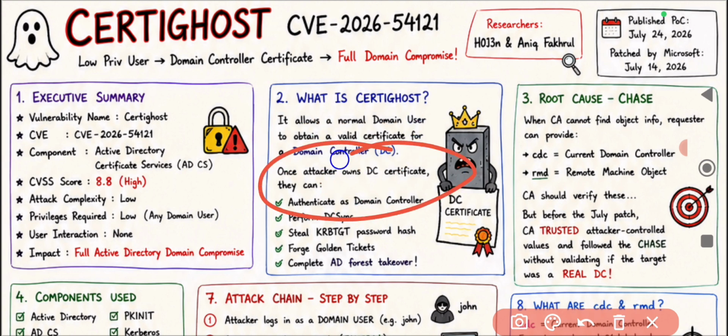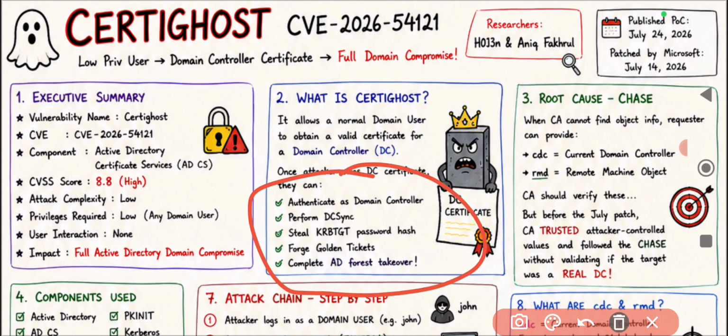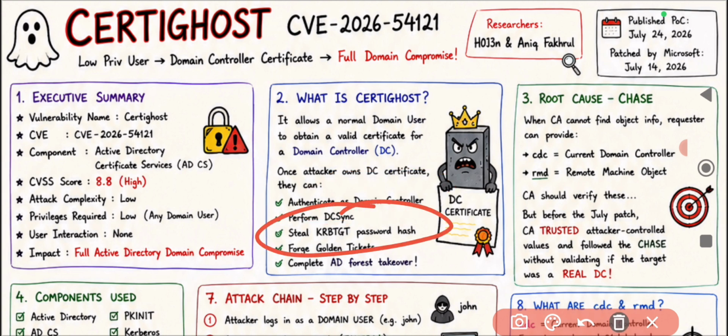Once a DC certificate has been obtained, different things become possible: authenticate as the domain controller, steal the KRBTGT password hash, then forge the golden ticket, and then it has full control over the AD forest takeover.